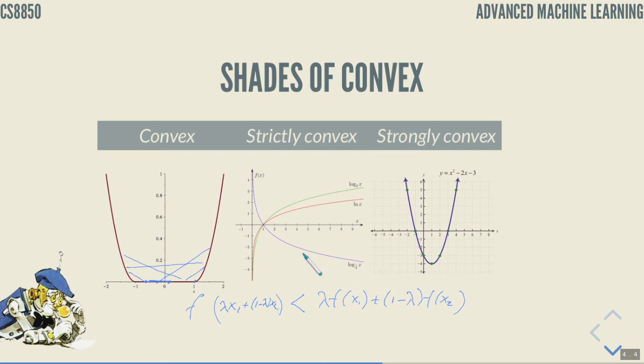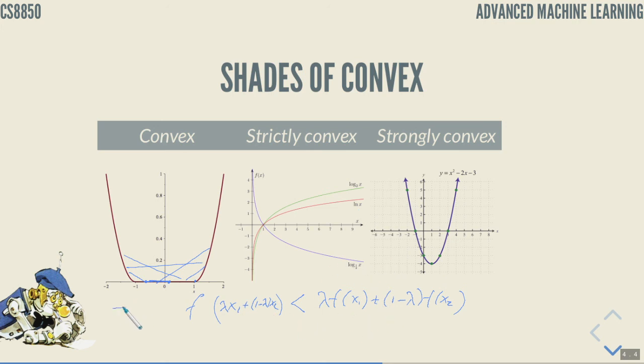And technically, in this graph that I'm showing, only this function is strictly convex, but they're all convex, because if you change the sign, you can call it concave, but that's the same notion as in here.